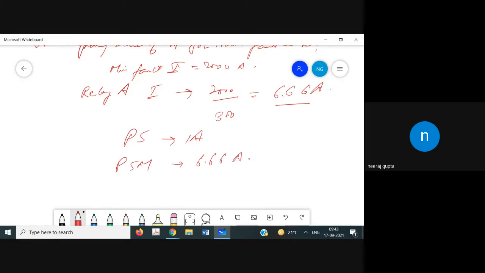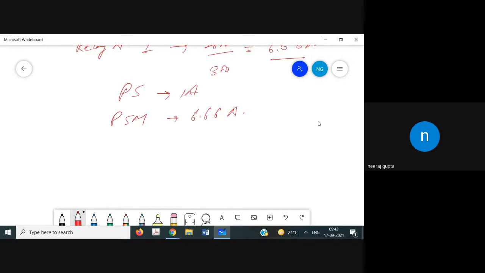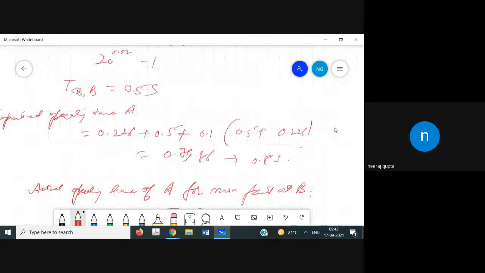And for relay RA, as we have already selected, the TMS would be whatever we have done in the setting case.